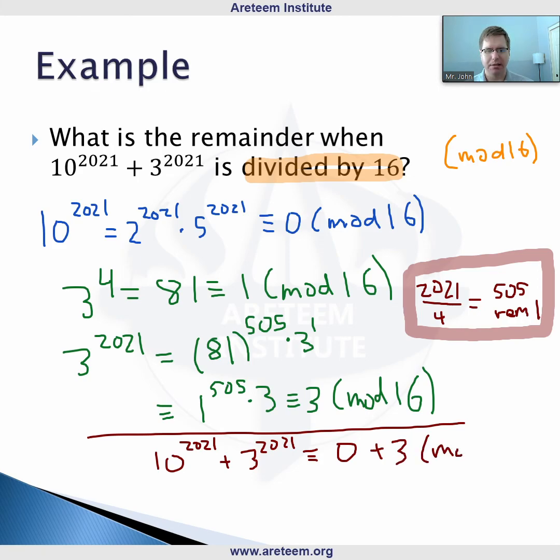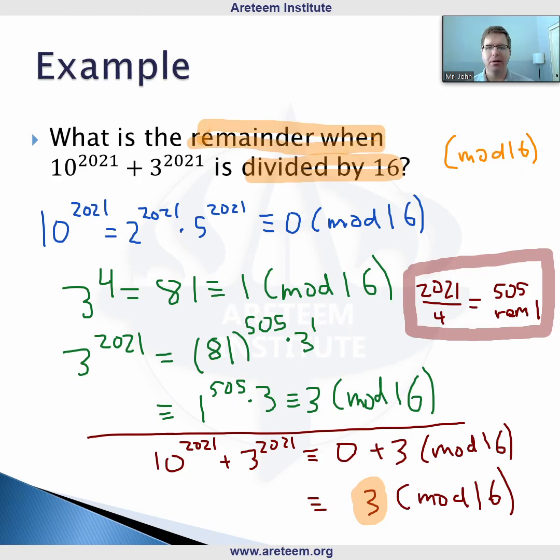So this is 0 plus 3 mod 16, which is of course just 3 mod 16. Because that is a valid remainder, we're all set. So our remainder of this expression when we divide by 16 is just going to be 3.